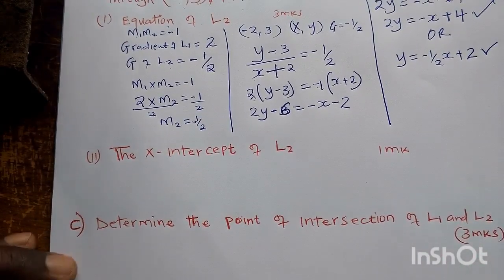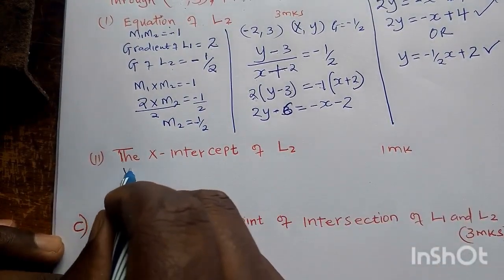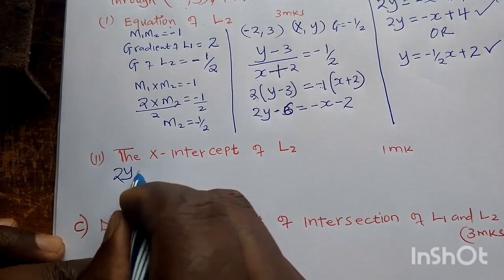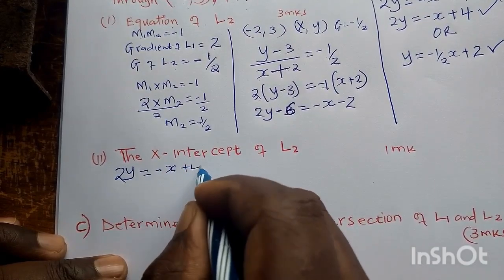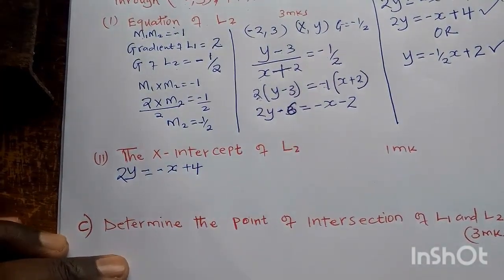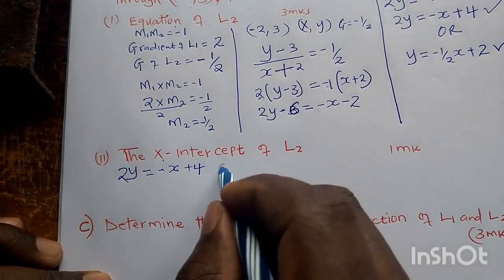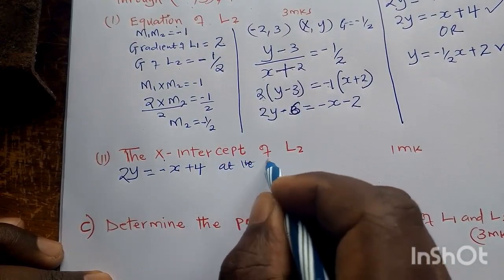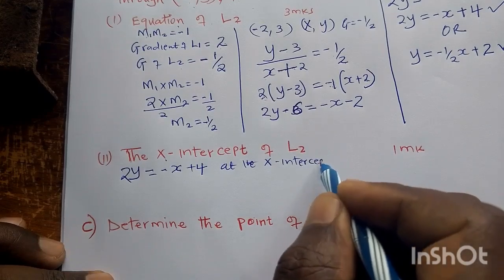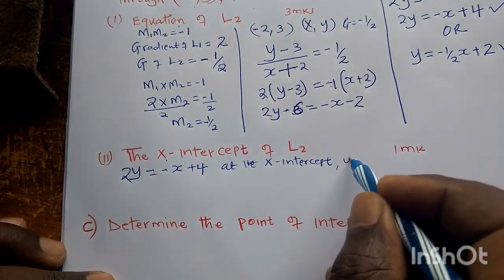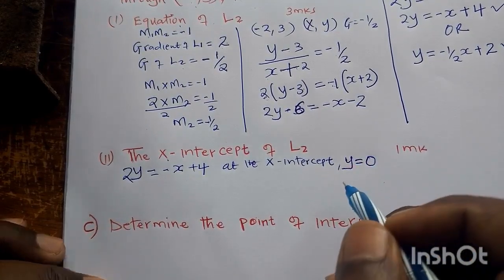Find the x-intercept of line 2. Now we have the equation of line 2, which is 2y equal to -x plus 4. But you need to remember that at the x-intercept, y is equal to 0.